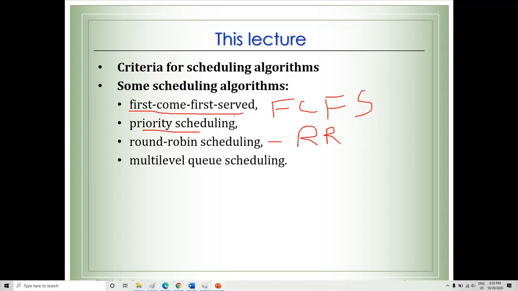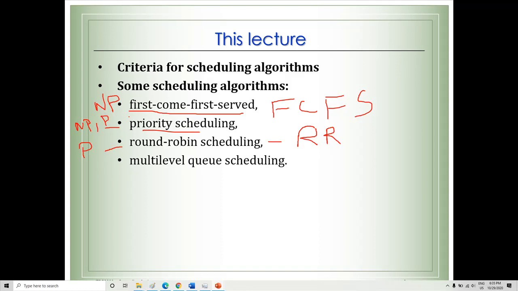FCFS is non-preemptive in nature. Round robin is a preemptive type of scheduling algorithm. Priority can be implemented either as non-preemptive or as preemptive.